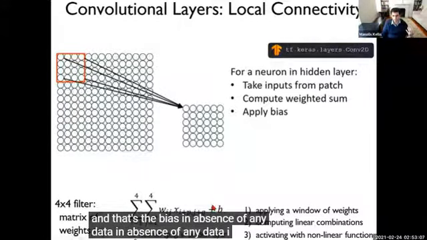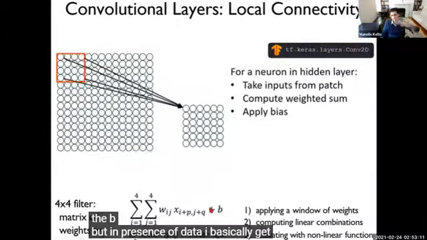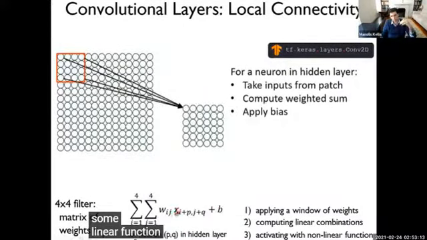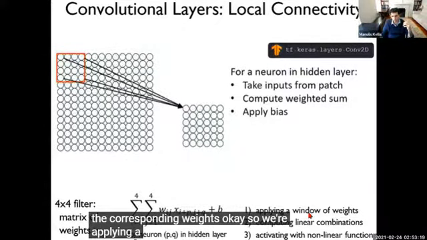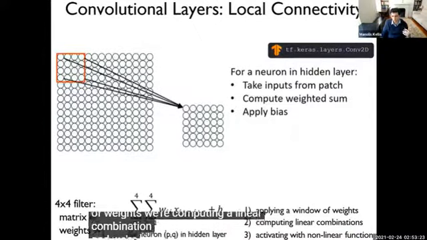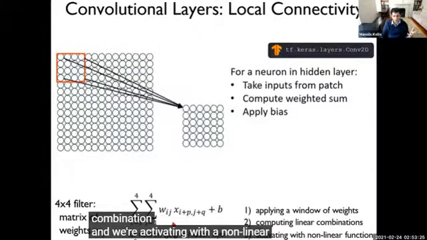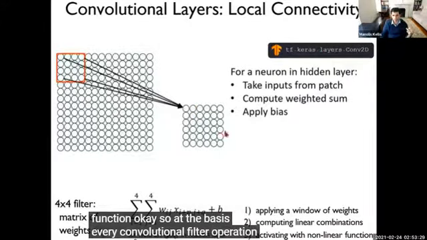In absence of any data, I always get the B. But in presence of data, I basically get some linear function of the input weighted by the corresponding weights. Okay. So we're applying a window of weights, we're computing a linear combination, and we're activating with a nonlinear function. Okay. So at the basis, every convolutional filter operation is exactly this.